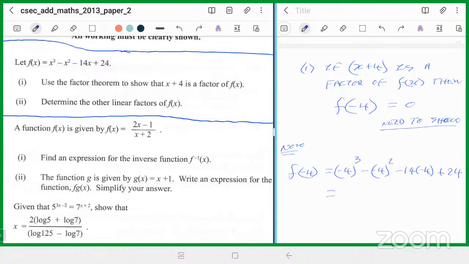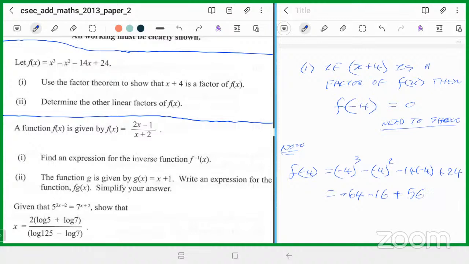If we're going step by step, this is negative 64. Then this is 16, so that's negative 16. Negative 14 times negative 4 gives me a positive number. What is that? 56.